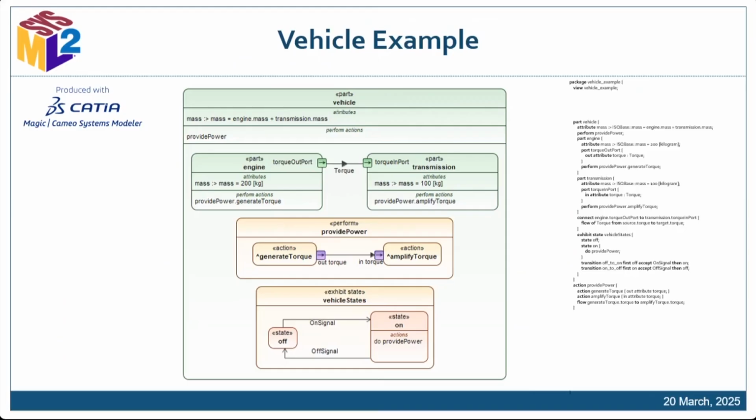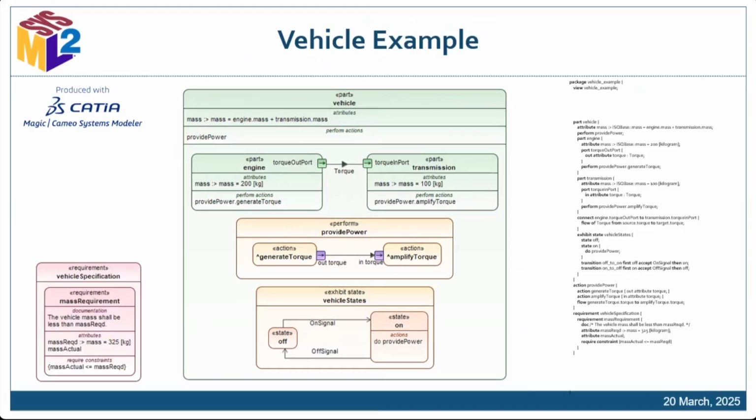And then here's an example of a specification. This is the vehicle specification. I've shown one requirement in it. You typically look at this in a tabular view, but I'm showing it graphically. So here's a mass requirement with a formal constraint that says the mass must be less than some value.